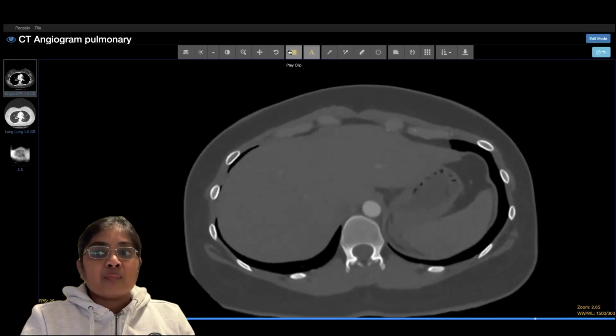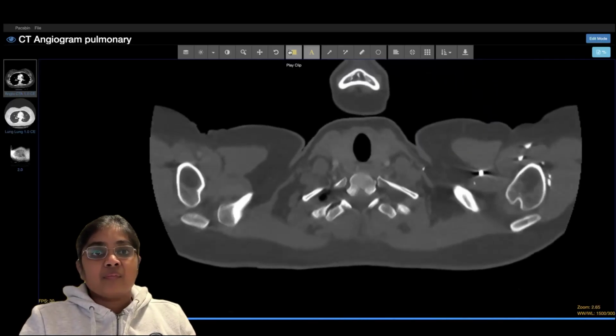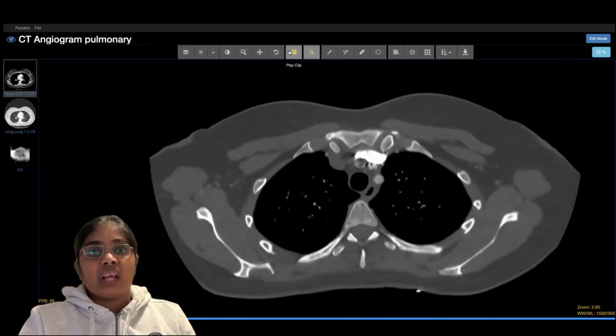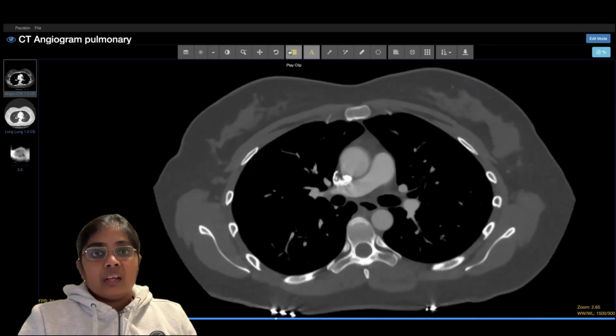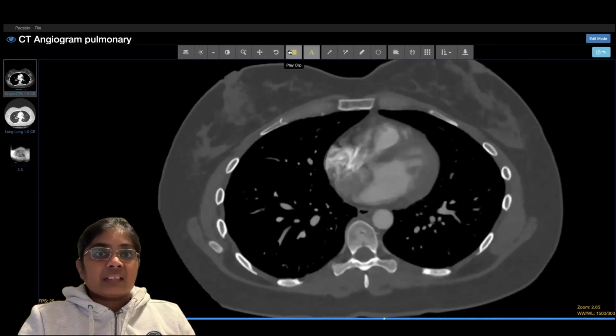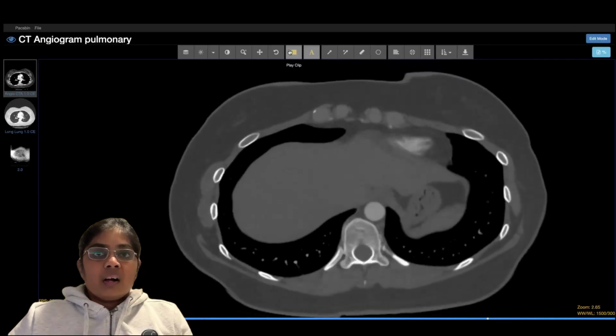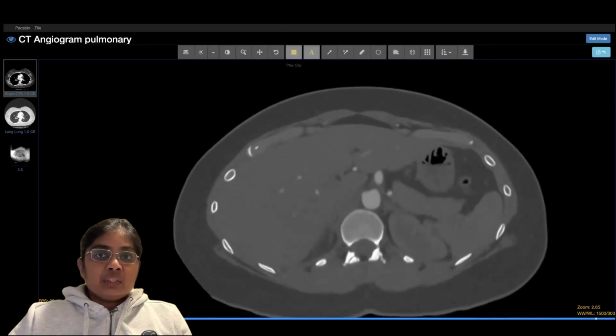And then I finish off by looking at the surrounding soft tissues and bones. So there you have it. That is how I evaluate a CTPA.